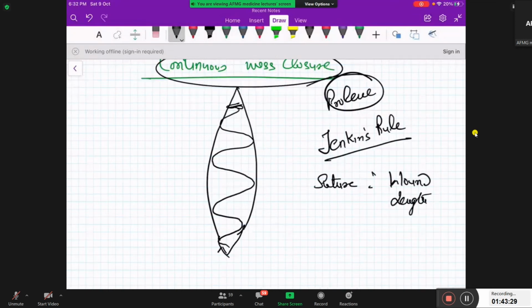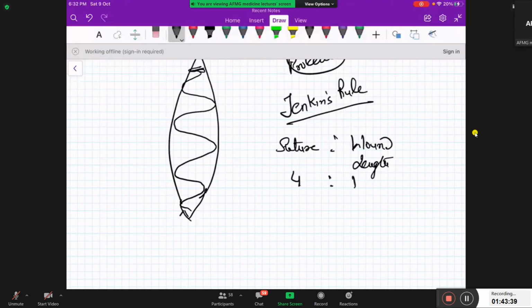Four times the length of the wound we have, so that in a continuous closure there is no tension. This is called Jenkins rule. Whatever is the length of the wound, we have to use 4 times the length of suture.